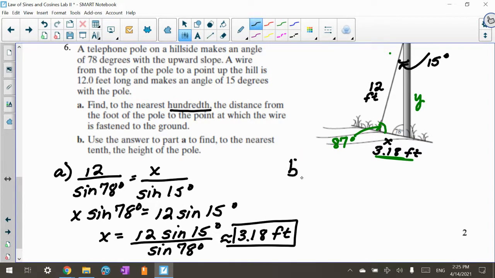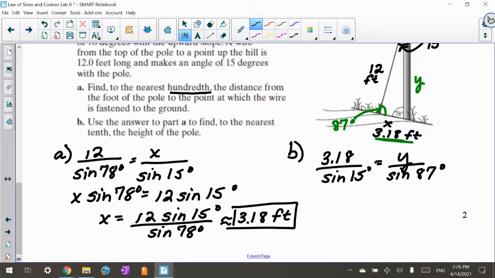So for the B part, I can say 3.18 feet is to the sine of 15, because they said to use that, so I did, as y, which is our pole, is to the sine of 87 degrees. This is a cool one. I could use the law of sines twice. Now, when I cross multiply, y is going to be 3.18, I'm skipping a step, times the sine of 87 degrees divided by the sine of 15 degrees.